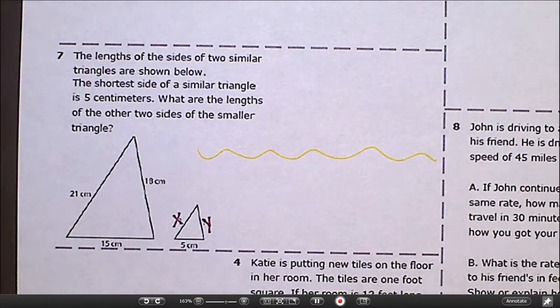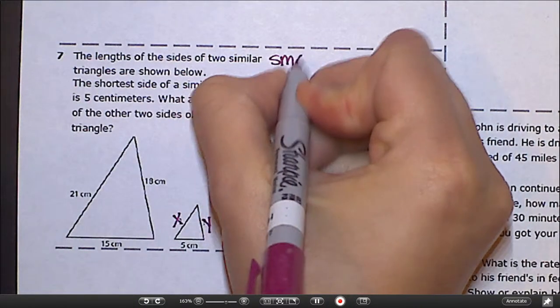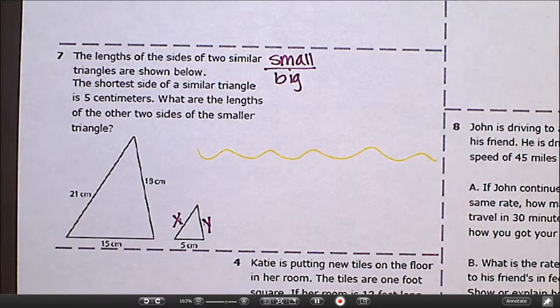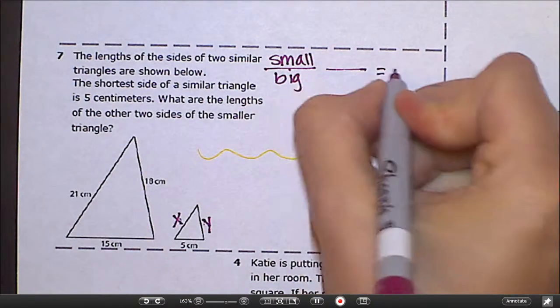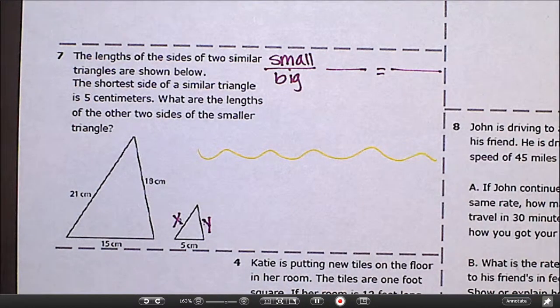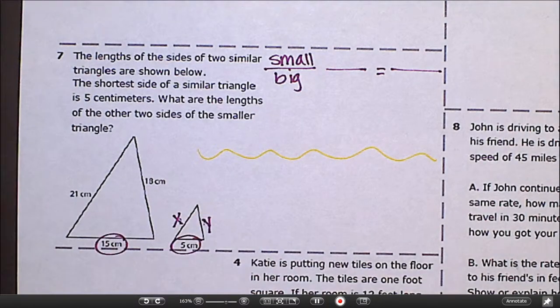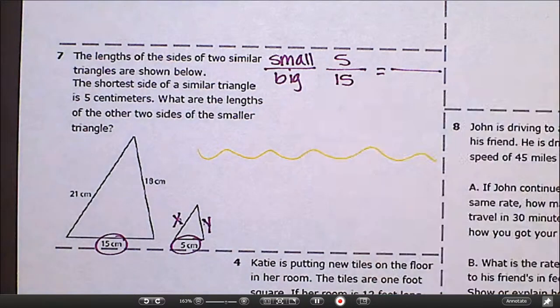So I'm going to do y with you. So let's start by naming our ratio. I'm still going to do small over big, just out of habit. Let's start by setting up our proportion, line equals line. And what we know already is 5 centimeters and 15 centimeters. So I'm definitely using that. That's the only pair of sides that I have. So I'm going to do 5 over 15, small over big.